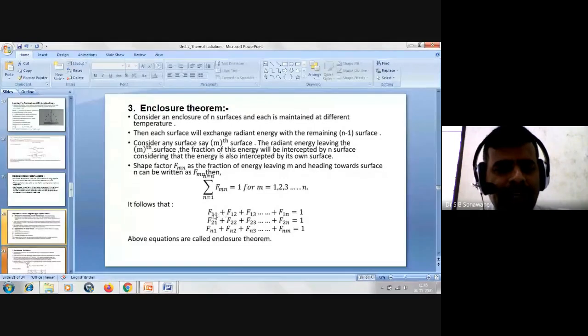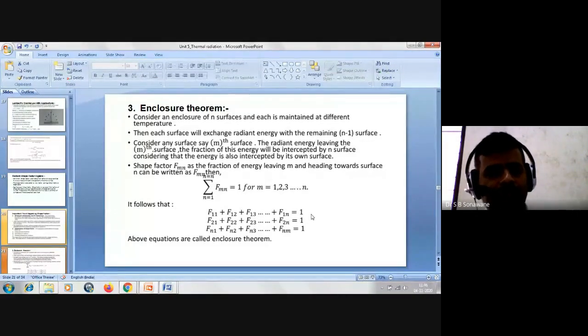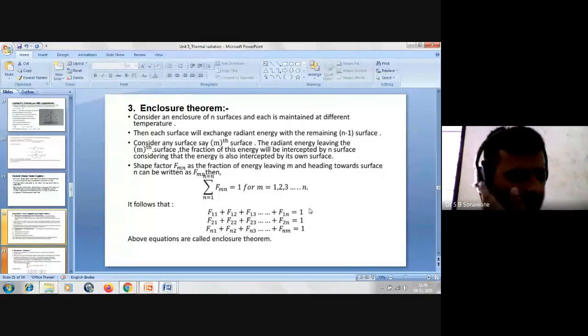So we can write F12 as Q2 upon Q1, F13 as Q3 upon Q1, and with a number of surfaces we can write it like this. And that has to be equal to 1 according to the enclosure theorem. Understood?